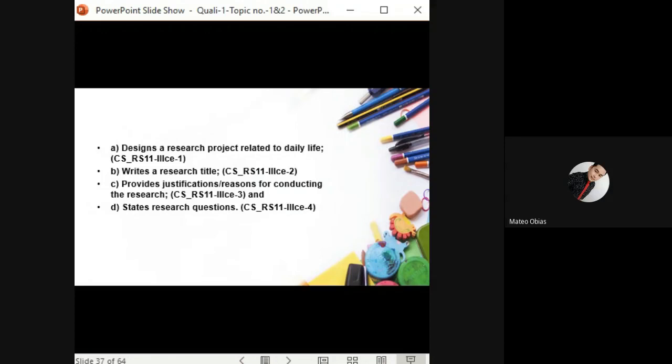Say for example, smoking hazard. If you're going to think of it, smoking hazard is really a big topic. So what particular issue on smoking hazards do you want to pursue? Say for example, its benefits. Meron bang benefits ang smoking?